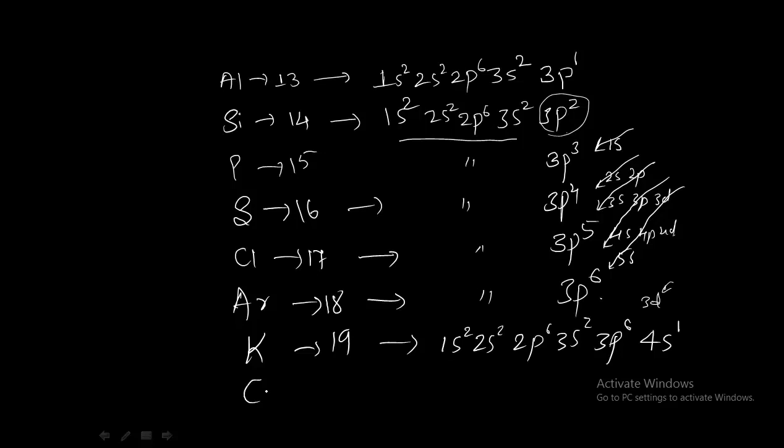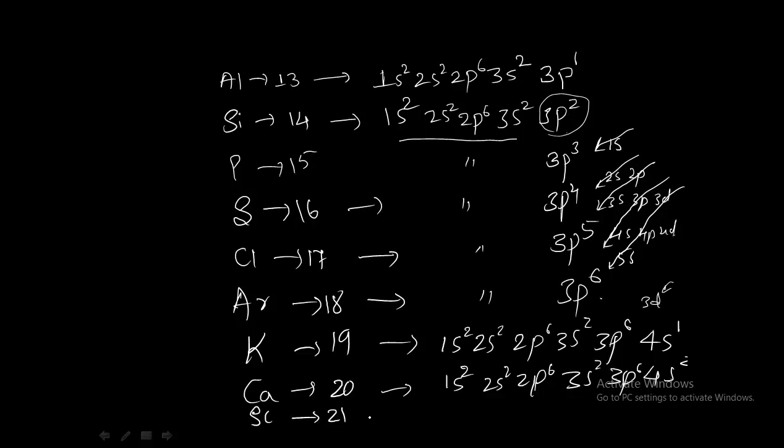Then if we observe calcium, its atomic number is 20. So what would be its electronic configuration? 1s2, 2s2, 2p6, 3s2, 3p6 and then 4s2. After this, the next one, scandium, its atomic number is 21.